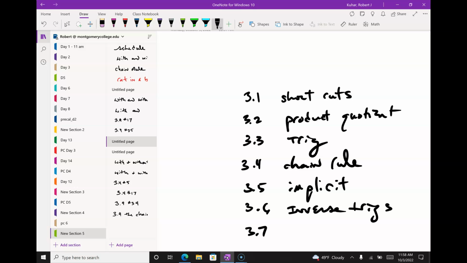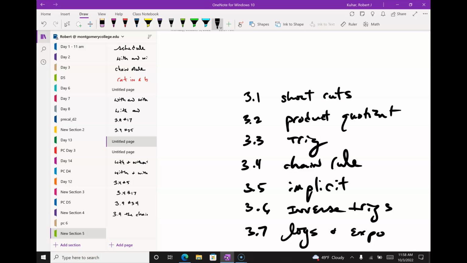And 3.7 is logs and exponentials. We've already done the exponential function, how to take that derivative, but I'm going to prove it to you when we finally get there. So that's our next test right there.